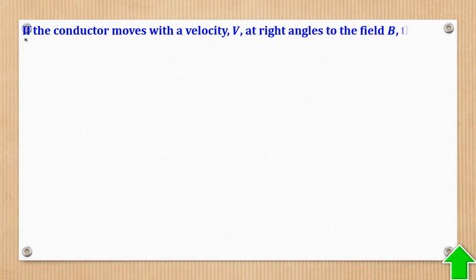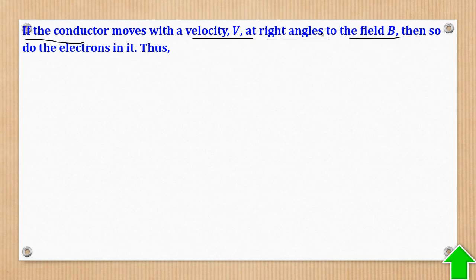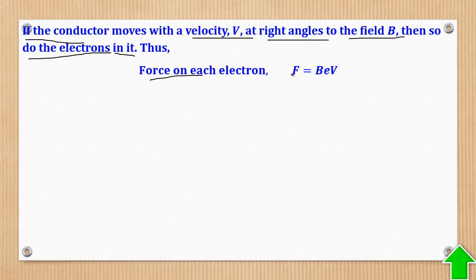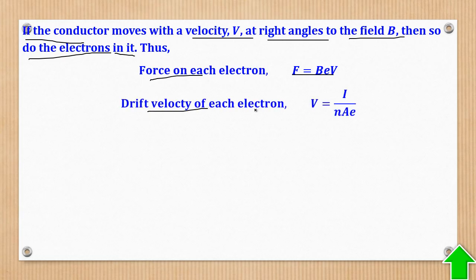So if the conductor moves with a velocity v at right angles to the field B, then so do the electrons in it. That means the force on each electron inside the conductor will be Bev, and the drift velocity of each electron will still be v, the same velocity with which the conductor is moving.